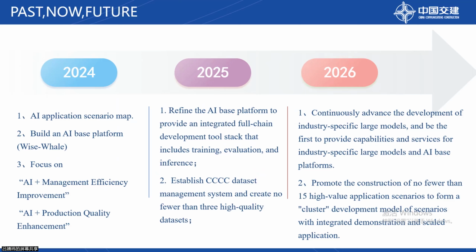And this year, 2025, we want to refine the AI-based platform to provide an integrated full-chain development tool stack that includes training, evaluation, and inference. Second, we want to establish the CCCC dataset management system and create no fewer than 3 high-quality datasets.